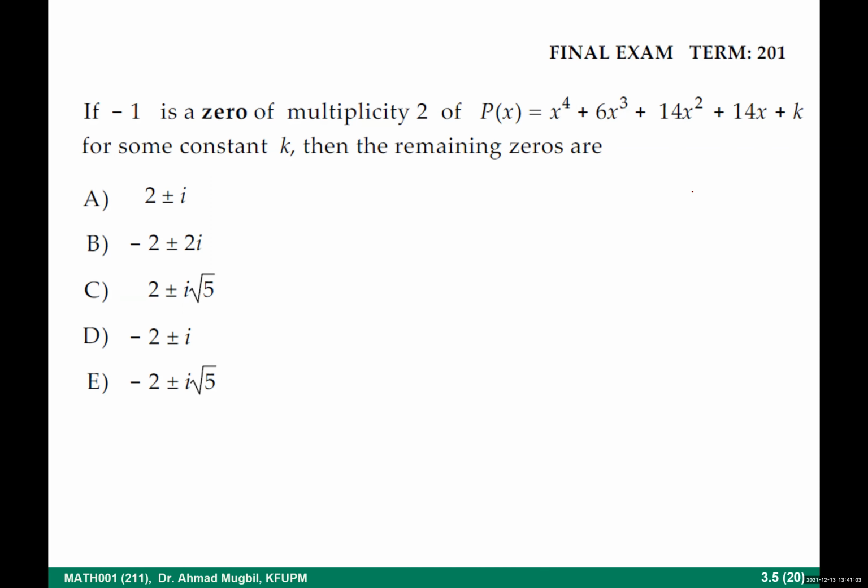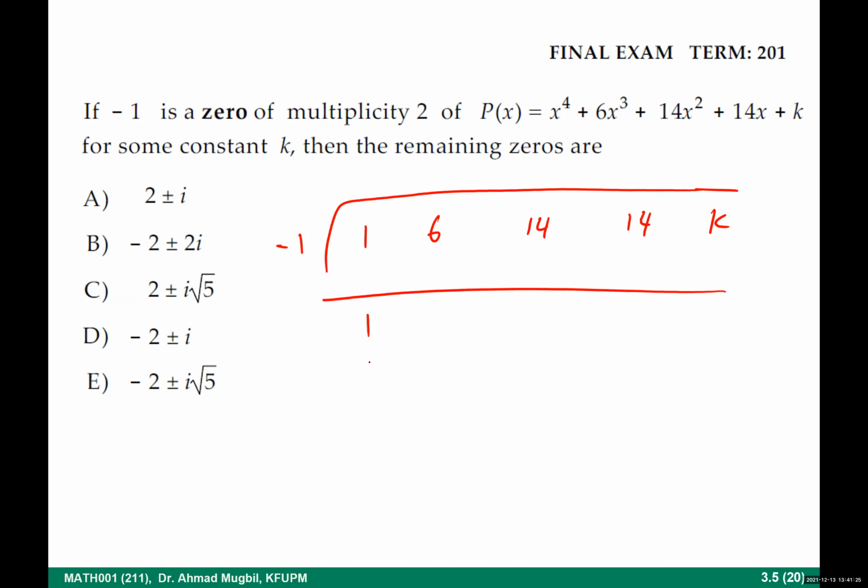So in fact, it is a polynomial of degree 4. He already gave you -1, but double. You need to find the other zeros. So what will you do? Did you obtain them? So you will divide by -1. So you will have 1, 6, 14, 14, and k. You will divide by -1. So you will bring 1 down.